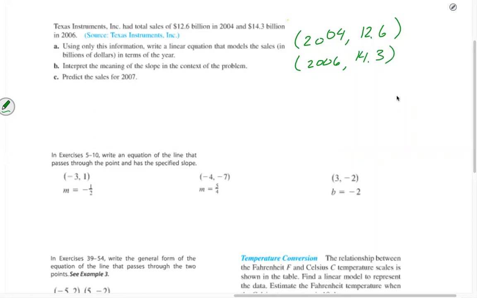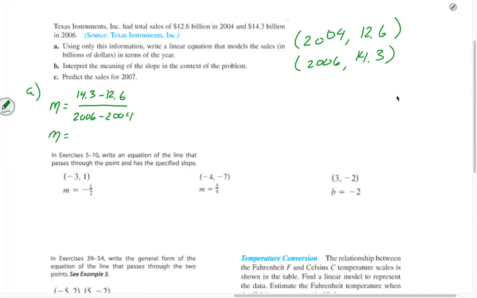So for A, I need to write the equation of the line. Two things I need: the slope, and another point, whether it's the y-intercept or just a random point. So let's calculate the slope. 14.3 minus 12.6 all over 2006 minus 2004.